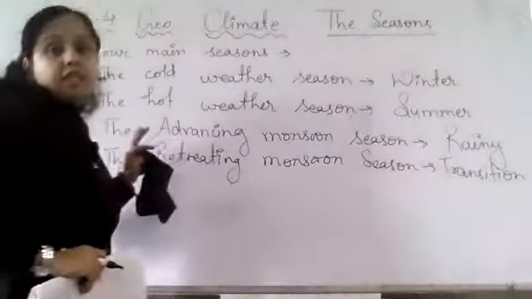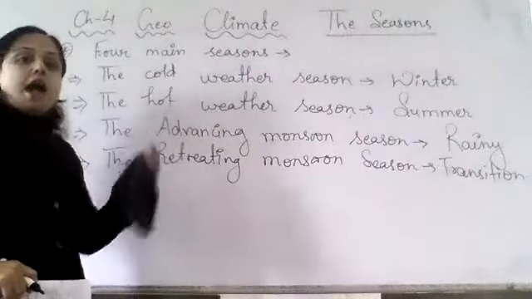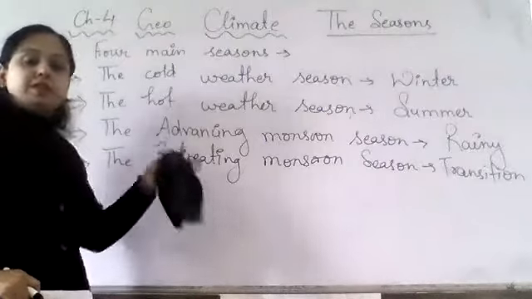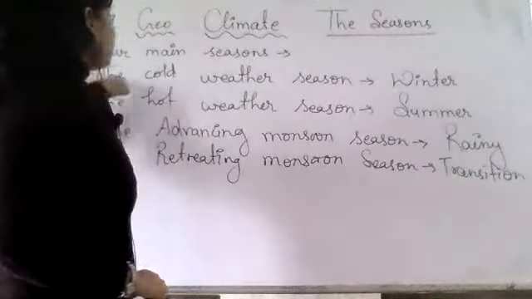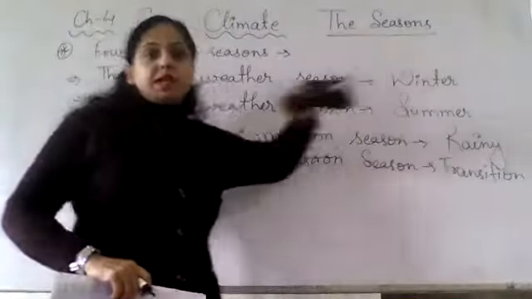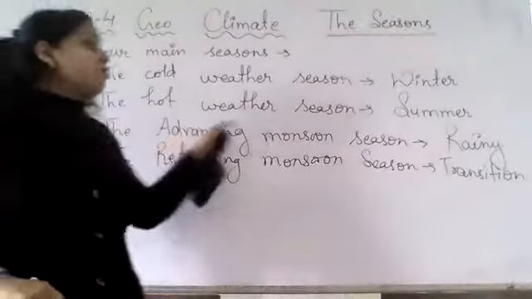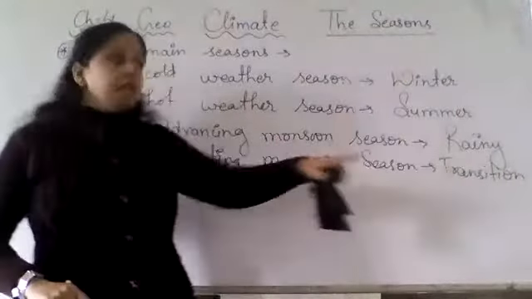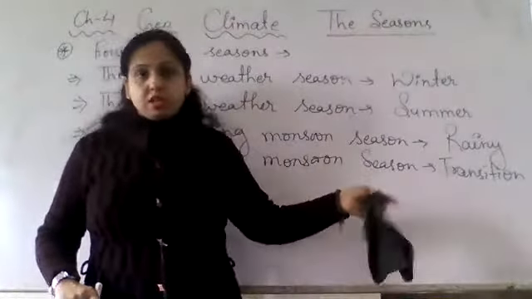So these are the four main seasons which we have as per the division of weather phenomena. So the cold weather season, which will be winter, the hot weather season is summer, the advancing monsoon season, rainy, then you have the retreating monsoon season, transition.